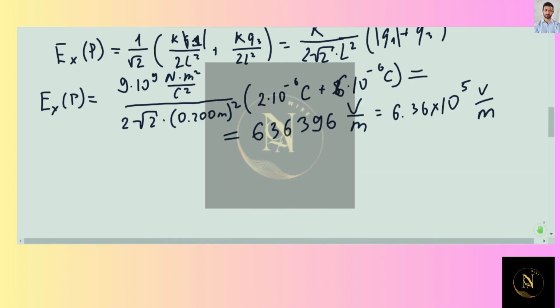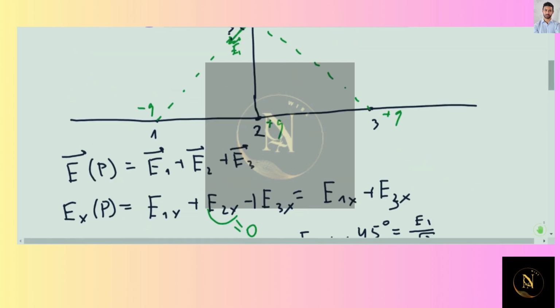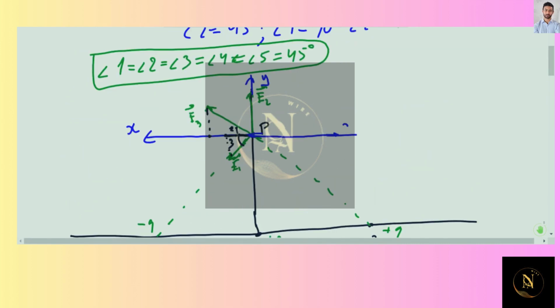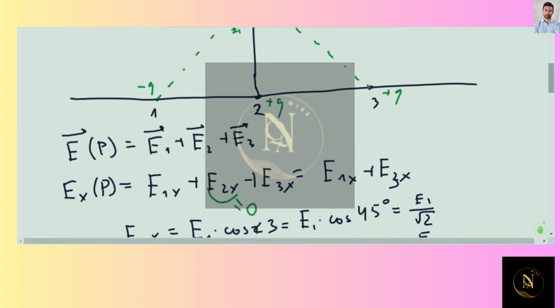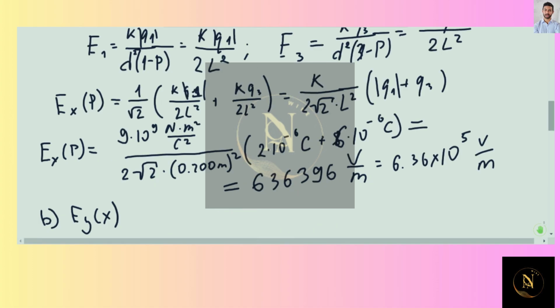Now we have to calculate Ey, the y component of the field at point P. So let's do this. The y component will be the sum of 3 contributions.